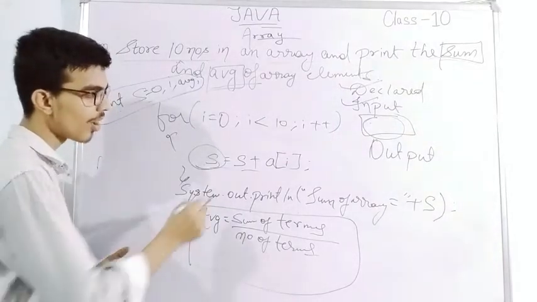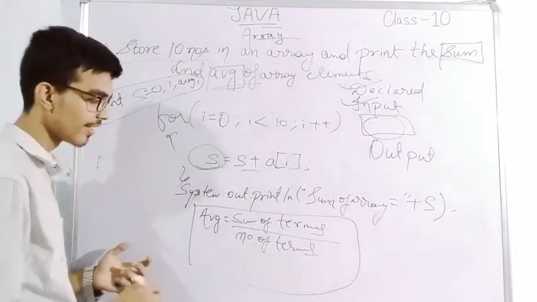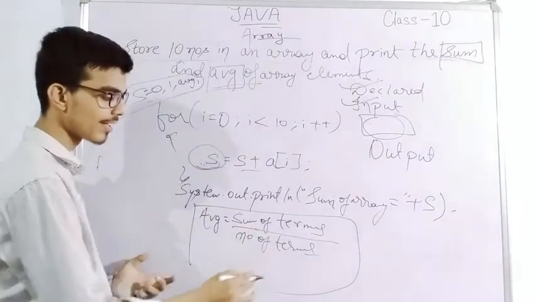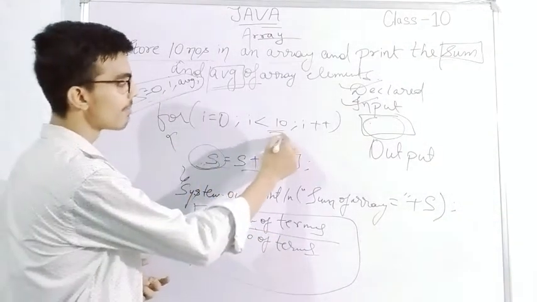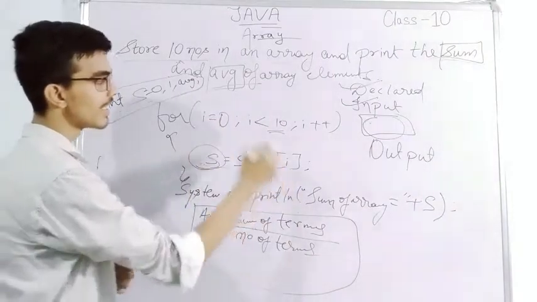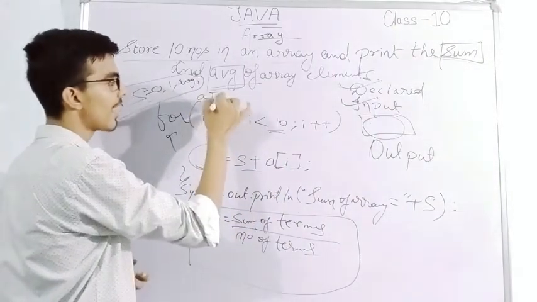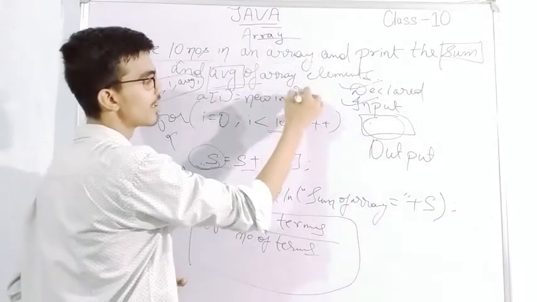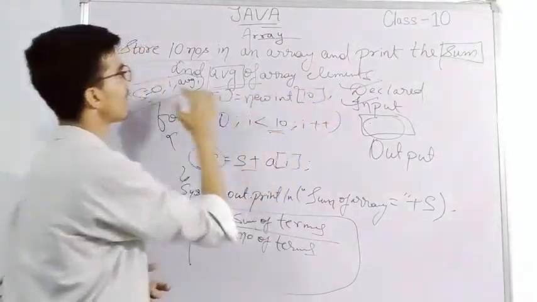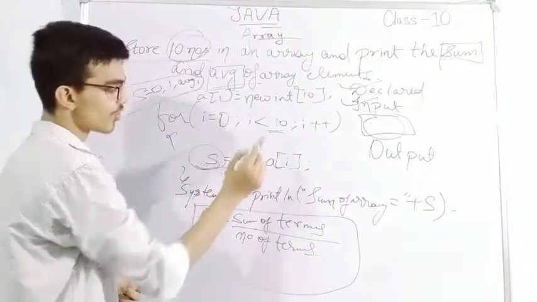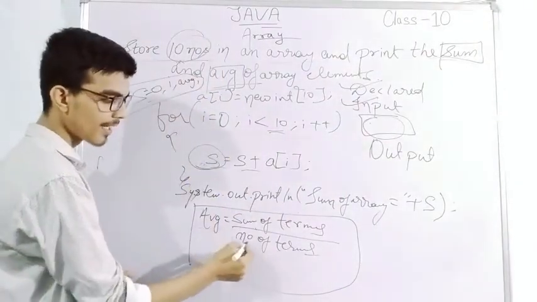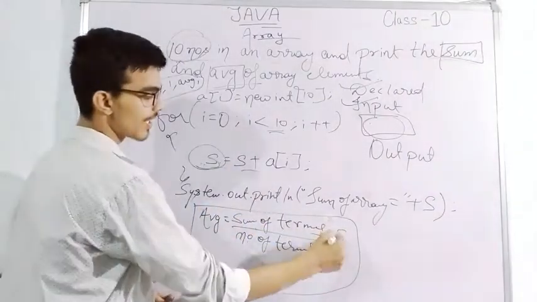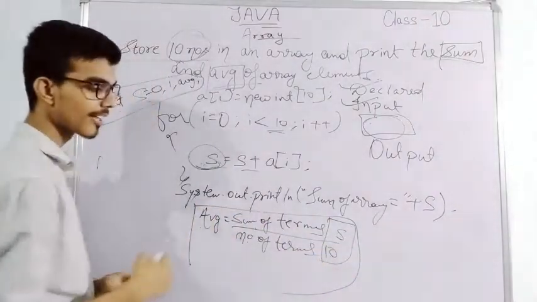This s is the sum of all the elements, and there are 10 numbers, as we declared a as new int[10]. So we'll divide it by the number of terms, which is 10. We'll write s by 10.